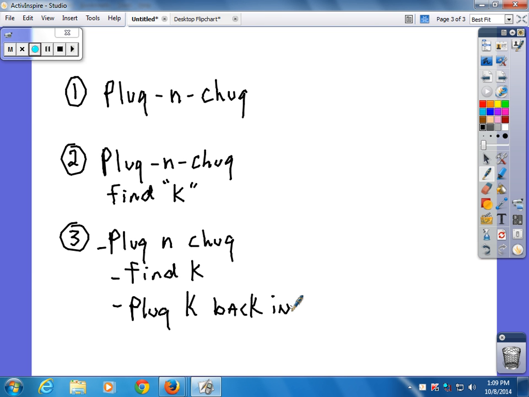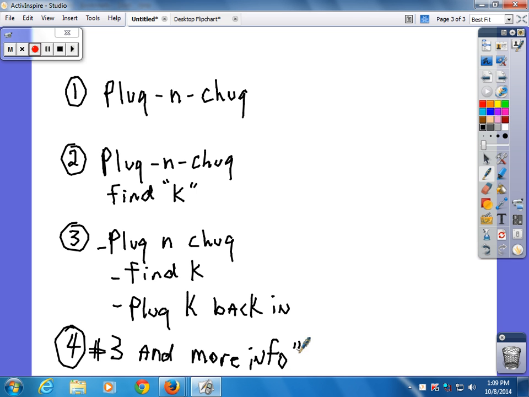And then the last type is number 3 and more info. I'll tell you what more info stands for when we get to that problem. So write those down, because those are the 4 types of questions you're going to have.